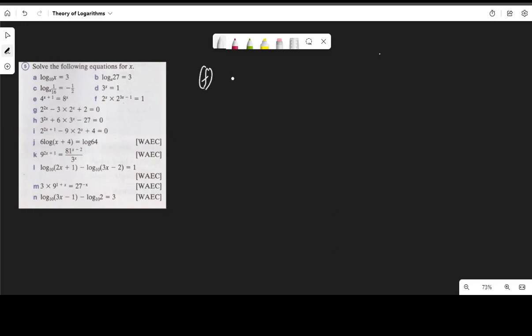And F says 2 to the power of x multiplied by 2 to the power of 3x minus 1 is equal to 1. Now, applying the first law of indices, a to the power of x times a to the power of y, for example, is a to the power of x plus y.